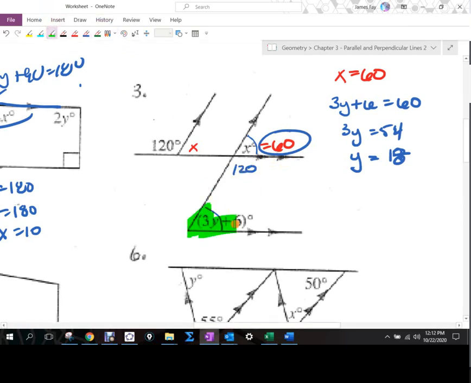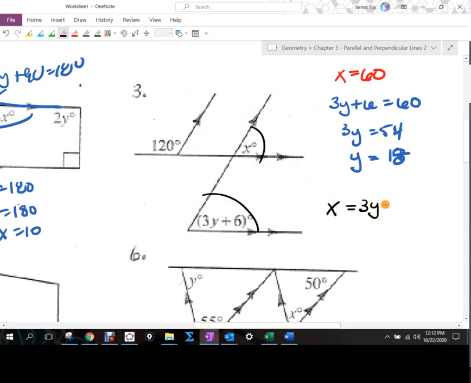Okay. So then that angle there and that angle there are same side interior. So we can say 3y plus 6 plus 120 equals 180. What if I would have done that? What if I would have, at the beginning, didn't solve for X first, but I recognize this relationship that X equals 3y plus 6.